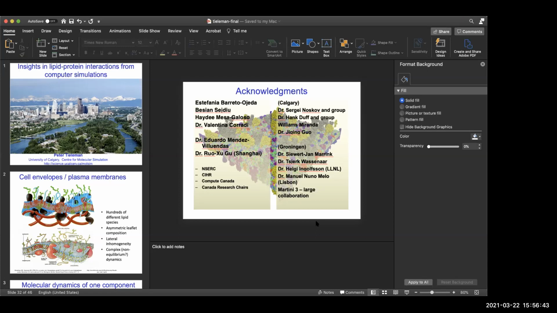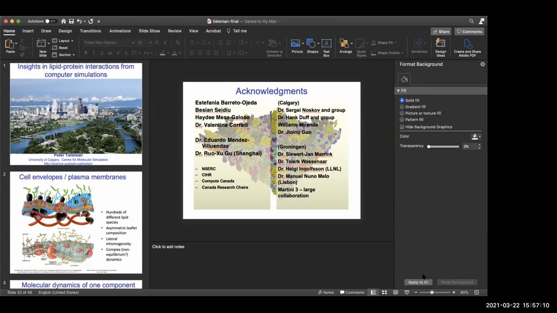What I really enjoyed in Martini 2 was its simplicity, where you have a few beads and you can try and see if it's working or not. With Martini 3, as Zoe also mentioned, for waters and alanine, it's a bit of complexity with new bead types, how we can choose between the different beads, especially for lipids and so on.